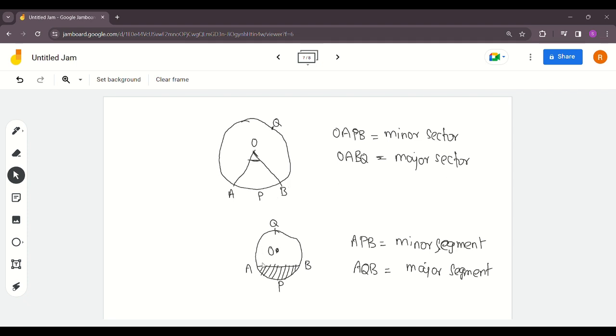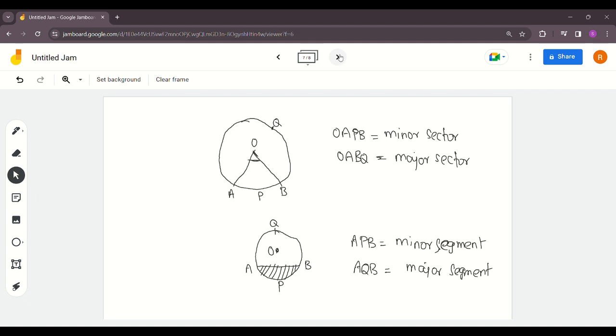Here you can see the shaded portion is nothing but the minor segment, which is APB, and the other area, that is AQB, is nothing but the major segment. So just to make you aware of what is minor sector and major sector and what is minor segment and major segment, I have illustrated with the help of a diagram.